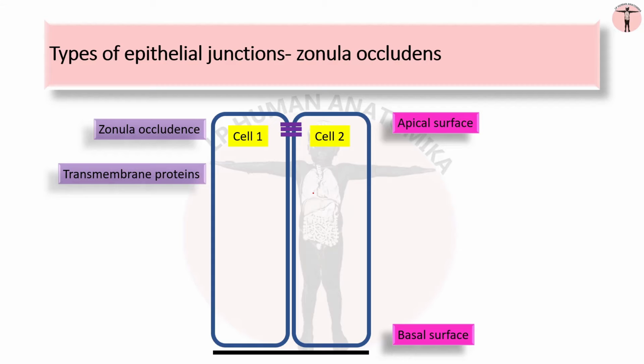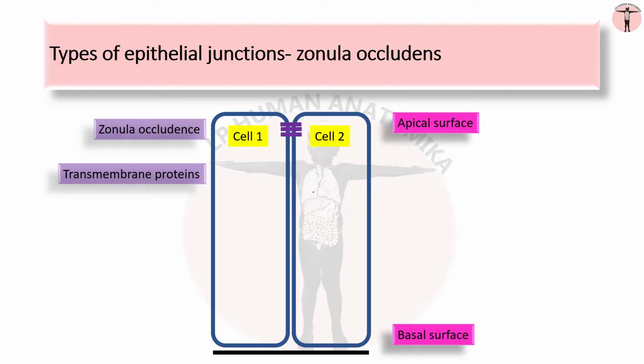The outer layers of plasma membrane of the adjacent cells join with each other and obliterate the intercellular space between them. If you can recall, the transmembrane proteins were discussed in the cell membrane. If you don't remember, please go back and watch the lecture once again.